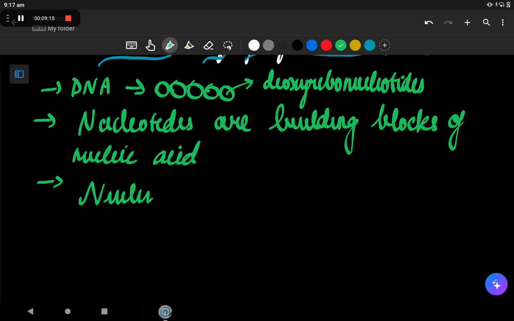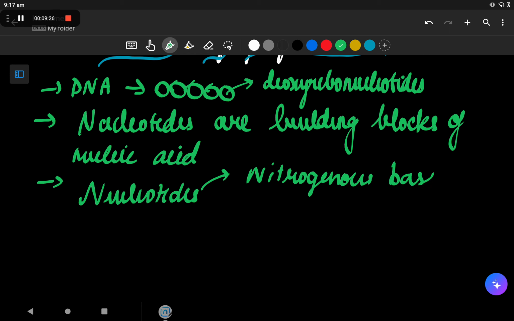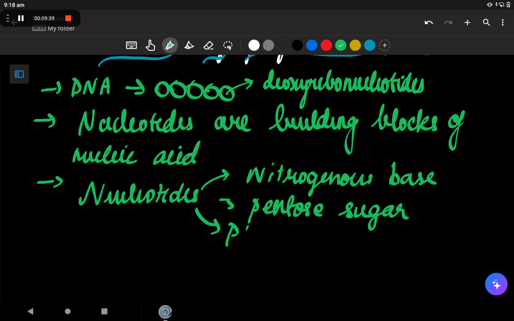Next, a nucleotide has got 3 components basically. First component is nitrogenous base. The second component is pentose sugar. And the third component is phosphate group.